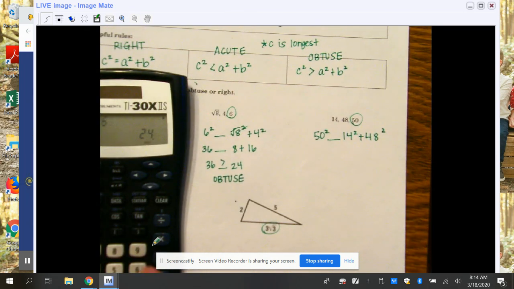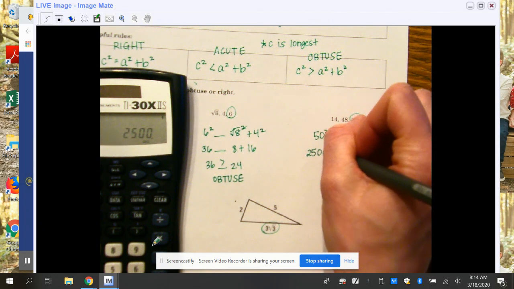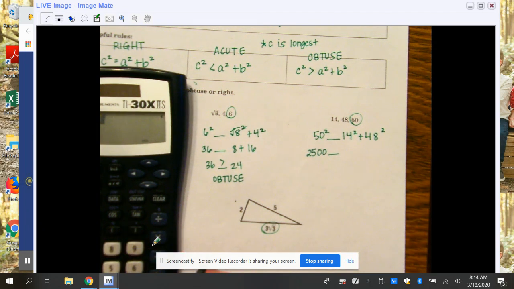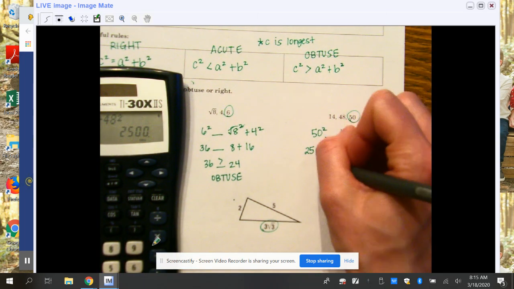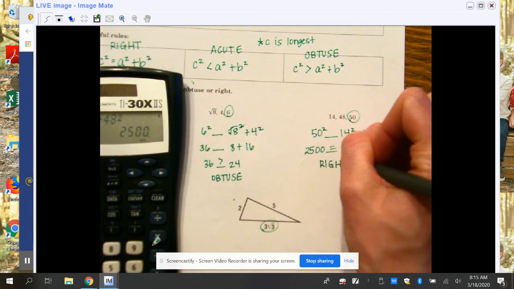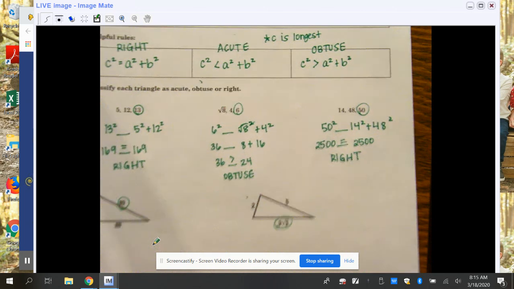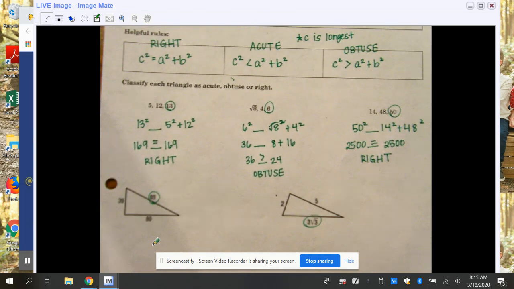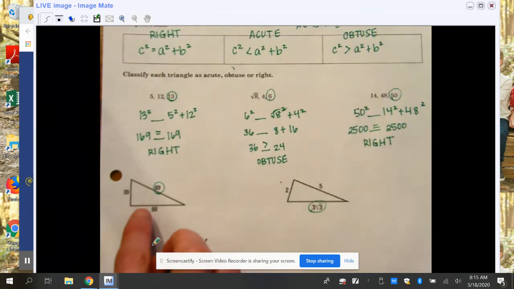Okay, so moving on, 50 squared is 2,500. 14 squared plus 48 squared is 2,500. Equal, right. So again, you're looking for the relationship between the longest side and the two legs. So this one is the same. We're guessing that that would be the right angle, so that's c squared.